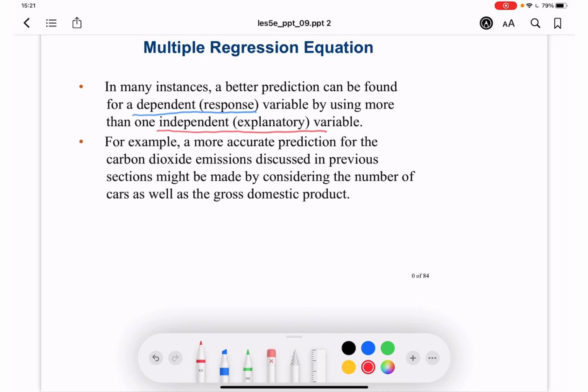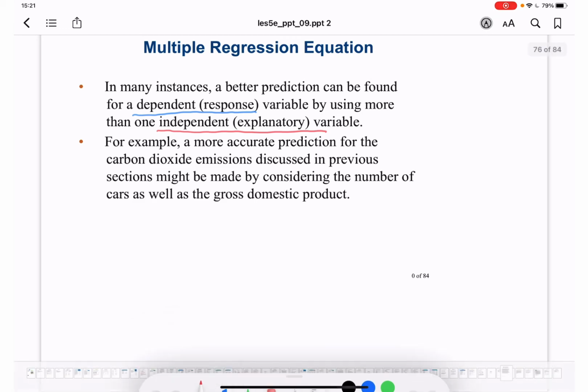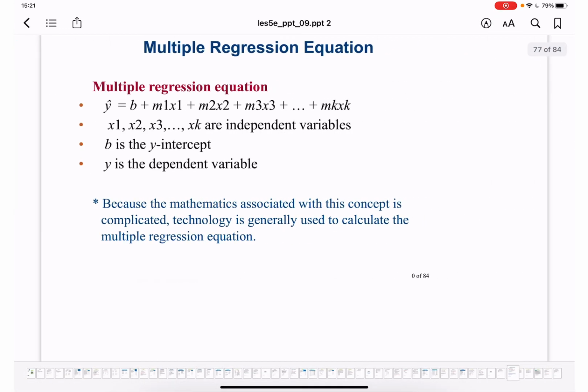But we can also include the amount of cars, because the more cars, the more emission, right? Carbon dioxide emission. So let's see what we are going to do in this case.